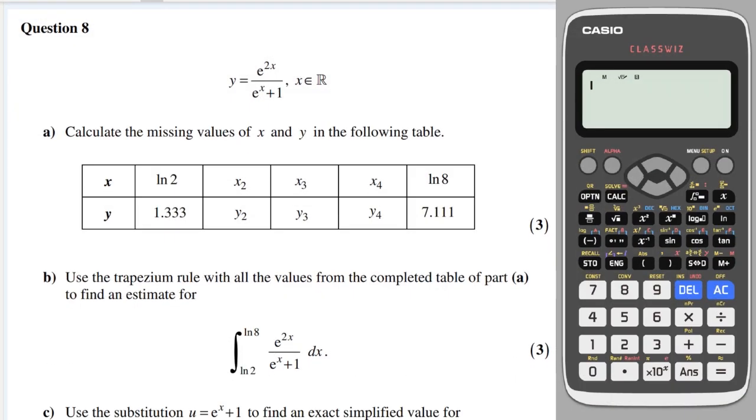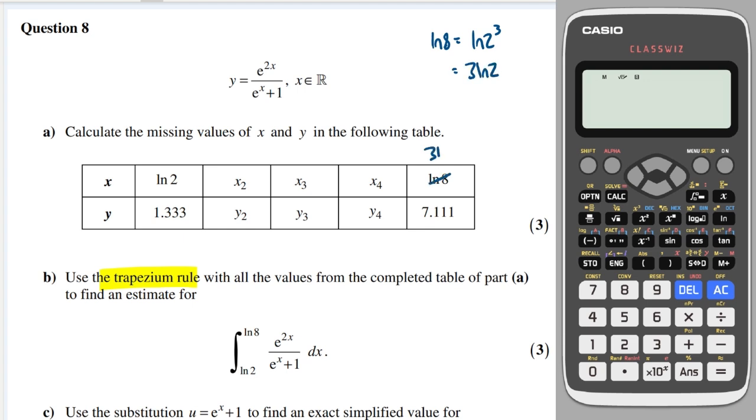Okay, question 8. It says calculate the following missing values of the table. It's a bit cheeky, this, because it doesn't necessarily explain that they have to be. Well, it is for the trapezium rule, so we can look ahead and say it's for the trapezium rule. So I can rewrite ln 8 as ln of 2 to the power of 3, which is equal to 3 ln 2.